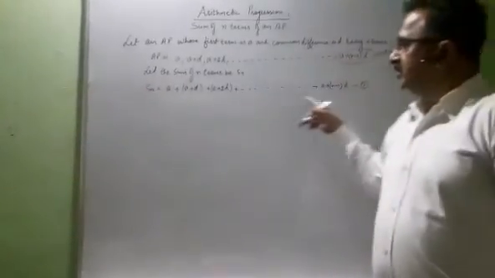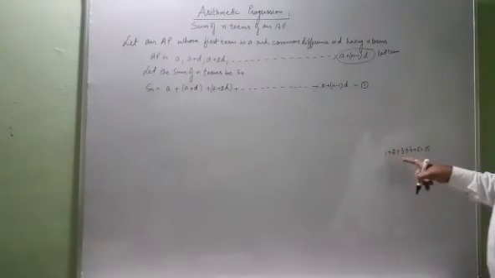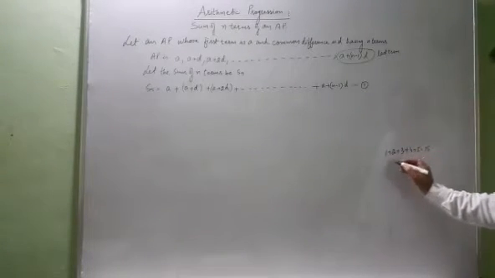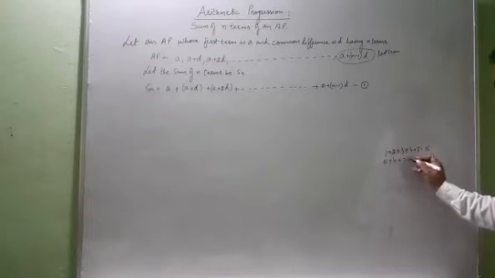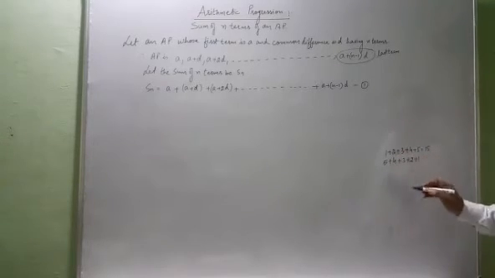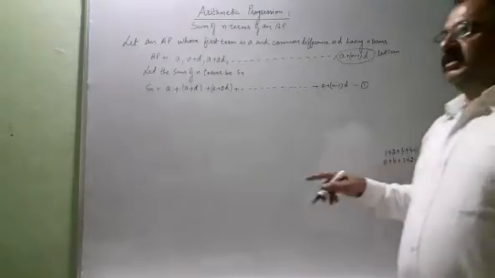Now if you reverse the order, does it make any difference in the answer? Let's see this example. If I reverse the order, 5 plus 4 plus 3 plus 2 plus 1, again the answer is 15. So, if you reverse the order, the answer does not change.